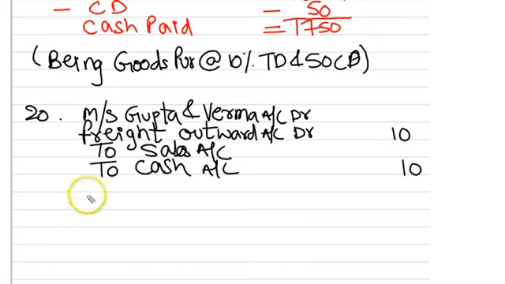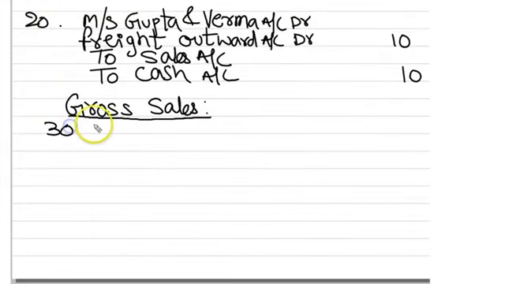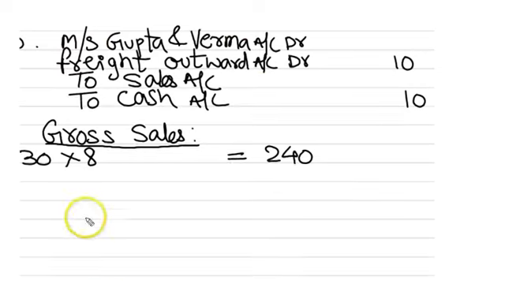Alright, now we need to calculate the amount of sales. Number one, I will be calculating gross sales. I will simply underline this and write the details below. 30 multiplied by 8, which gives me 240 rupees, and 20 trousers at the rate of 10 each, so 20 into 10 gives me 200.